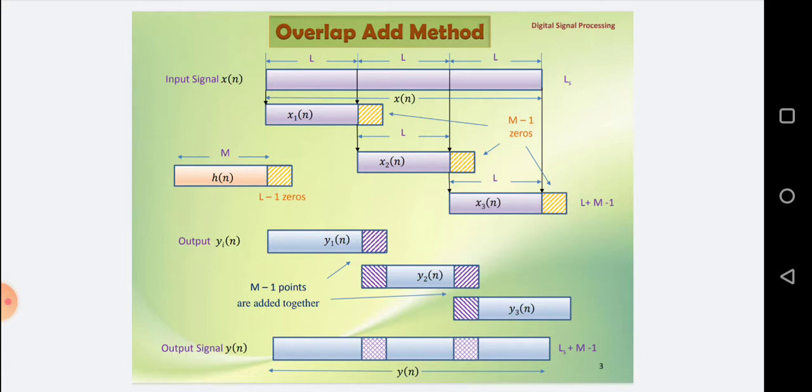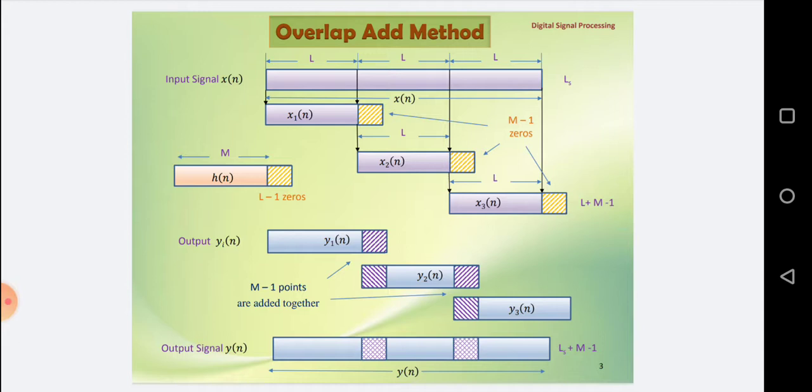Each of x1, x2 and x3 of n will have M minus 1 zeros appended at the end. So the length of each subsequence x1, x2, x3 will become equal to capital N equal to L plus M minus 1. So as per the concept of circular convolution, the length of both sequences should be equal.